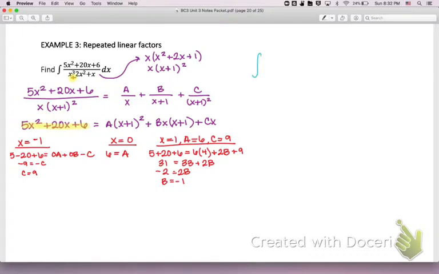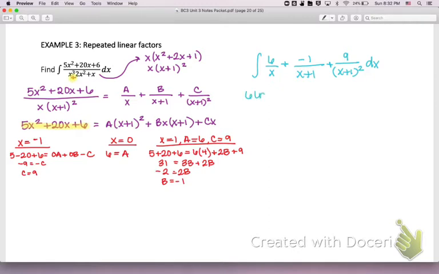Now that we know all of this, we can build our integral. So our integral is going to be a over x, that's going to be 6 over x, plus b, which is going to be -1 over x plus 1, plus c, which is 9 over x plus 1 squared dx. Now from here, we can integrate all of these separately.